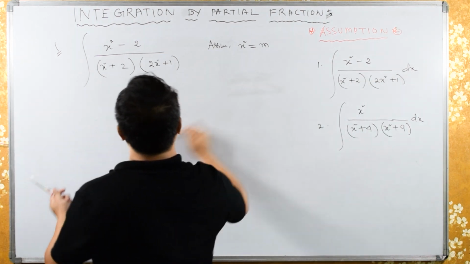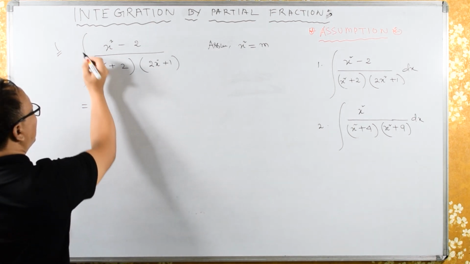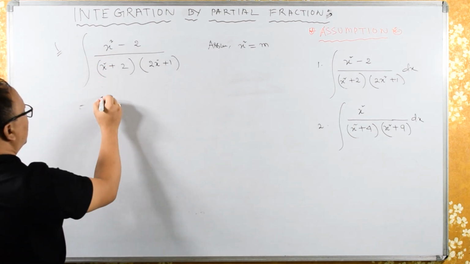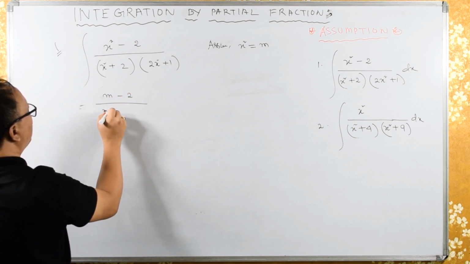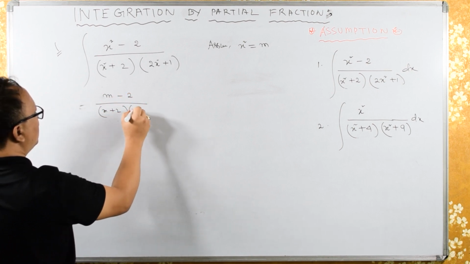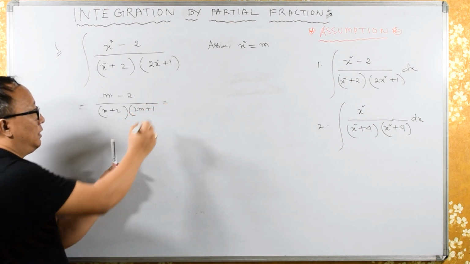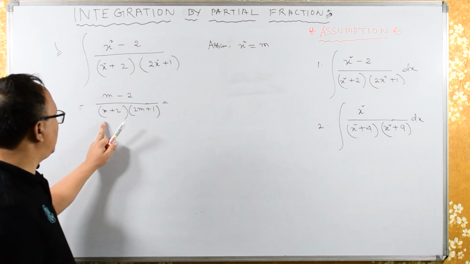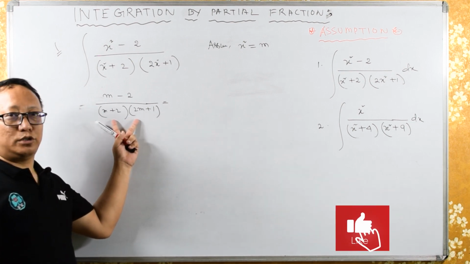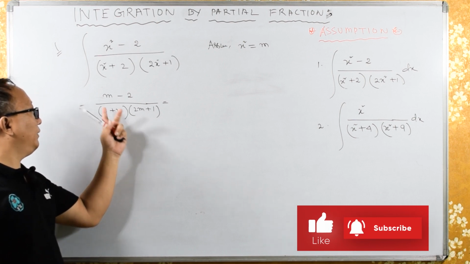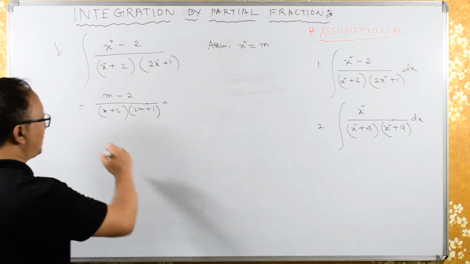Now assume x² = m, and the integrand becomes (m − 2)/((m + 2)(2m + 1)). The order of the denominator is 2 and the numerator is 1, so it is a proper fraction and we can apply partial fractions.